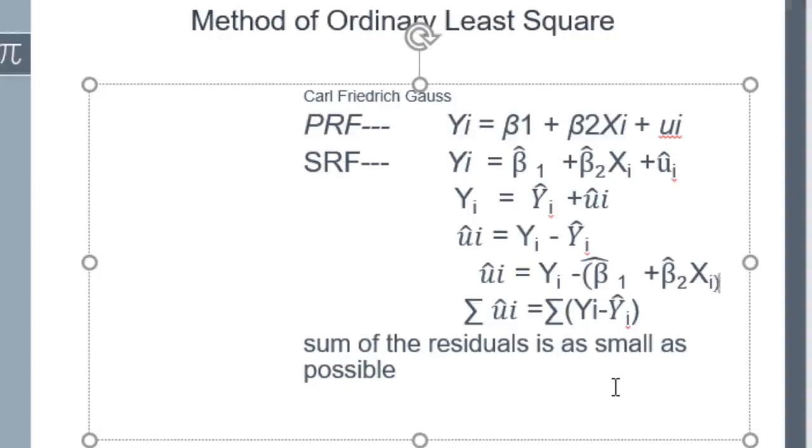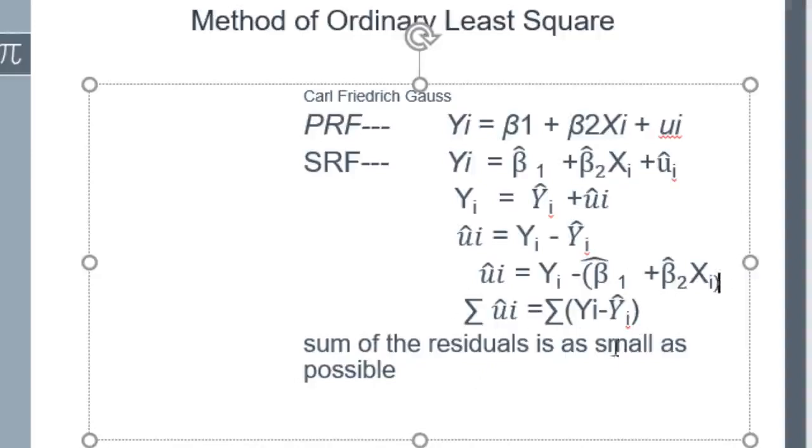For this, we may adopt the following criterion: choose the sample regression function in such a way that the sum of residuals is as small as possible.